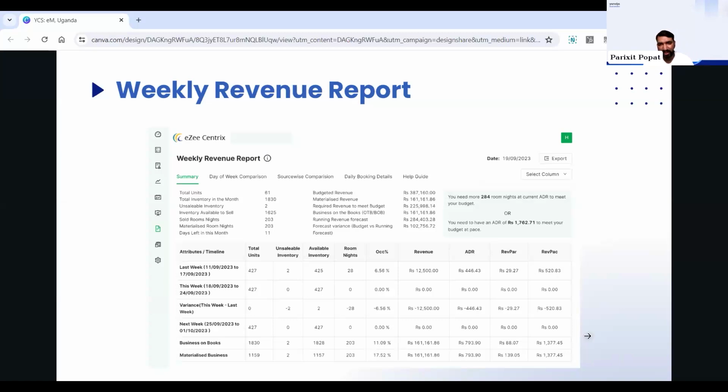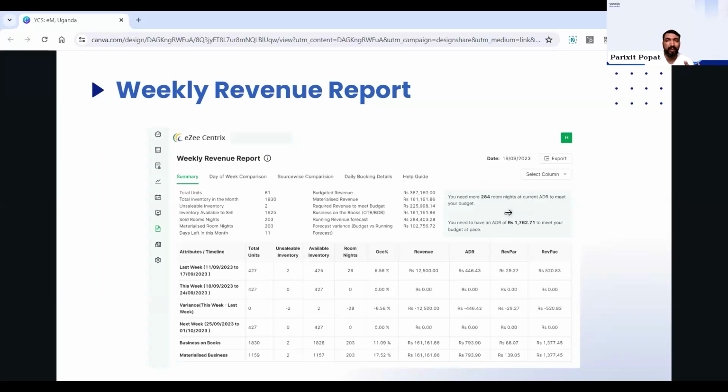And there's a small widget on the right side which tells you how many room nights you will need to do at the current ADR to be able to meet the target that we just set using a budget.